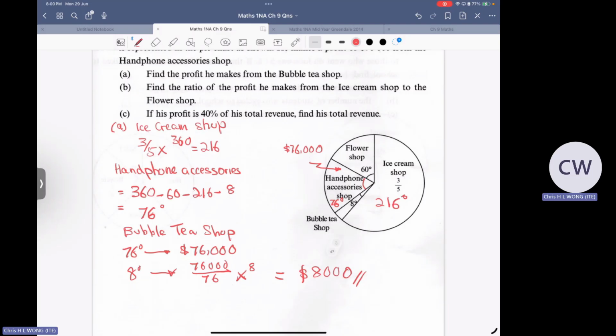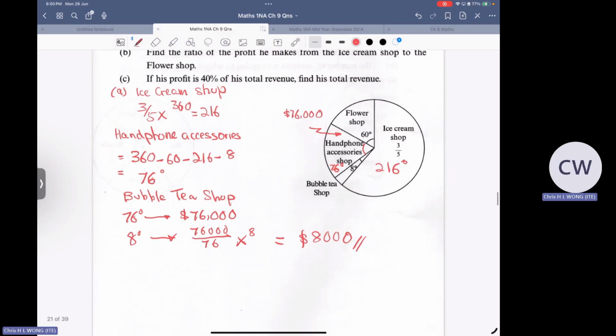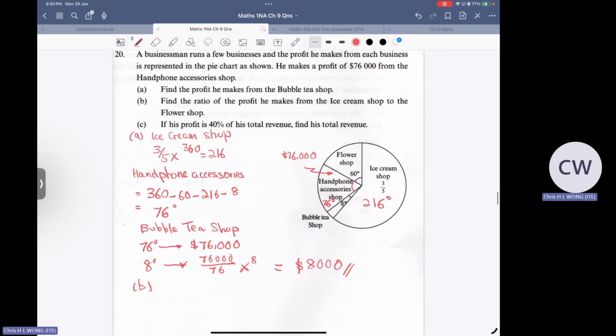So the second one is B. Find the ratio of the profit for ice cream shop to the flower shop. Ice cream shop is here, flower shop is here, so 216 is to 60. That's the answer.